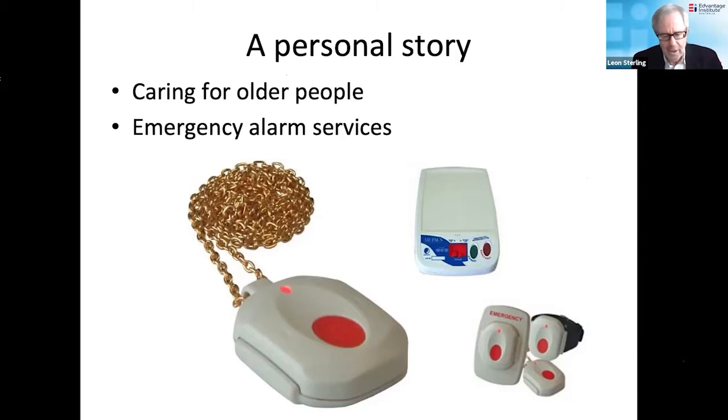And we arranged, she agreed rather reluctantly, to have one of these emergency alarm services. So this is a picture of one. It's called the MEPAC service. The idea is you wear this pendant around your neck, and if you get in trouble, you press the red button.